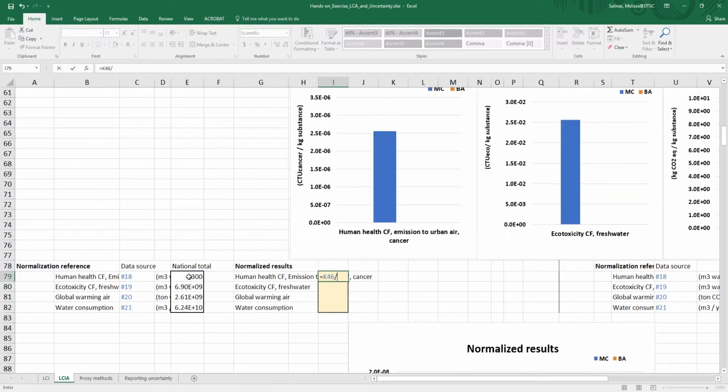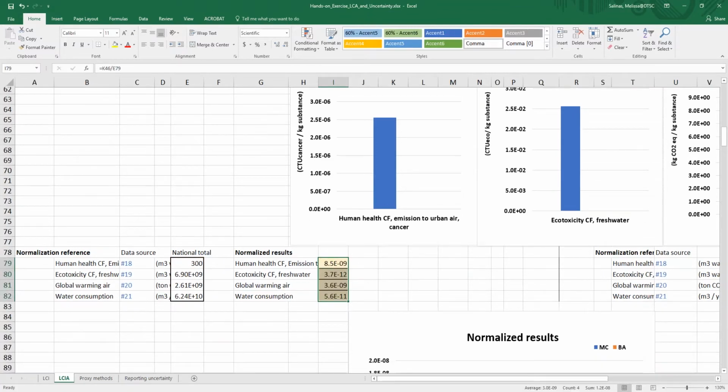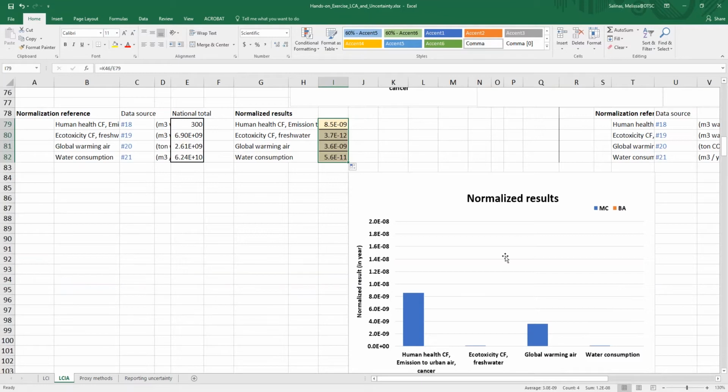So you divide the first characterized result by the first normalization reference, and then you just drag that down to calculate the normalized result. And it will show the normalized result chart down there.